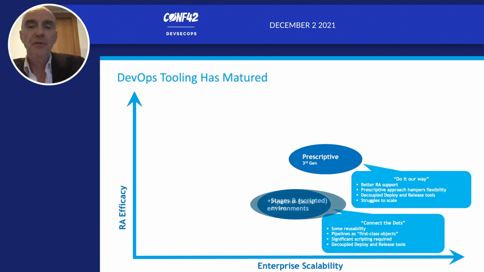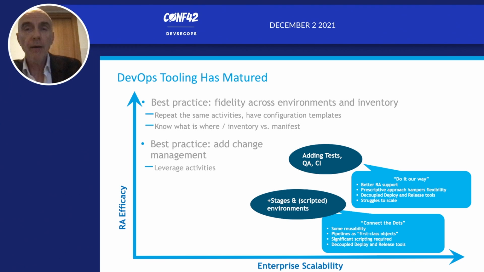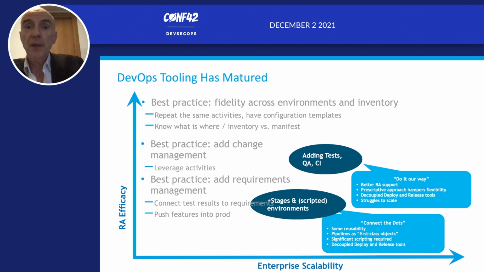So stages and environments, QA, CI, a little bit of release automation, starting with some best practices: fidelity across the environments, the inventory, knowing where we are and what we do, change management, why I should go from a point A to a point B, and requirement management.